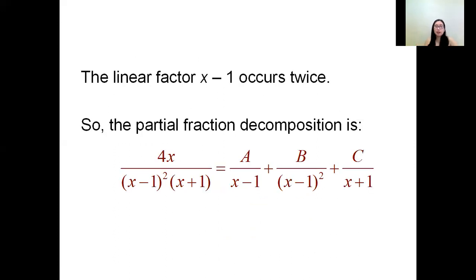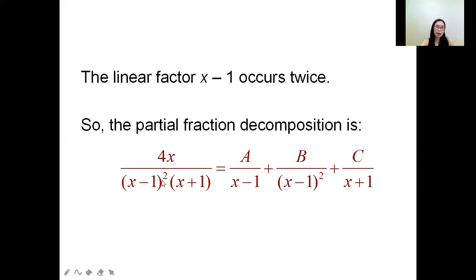The next process: the linear factor x minus 1 is repeated, so it falls under case number 2. So we perform the partial fraction decomposition. How do we decompose when there is a repetitive factor? We take 4x, our remainder from the long division earlier, over the factorized denominator, which is x minus 1 squared times x plus 1.